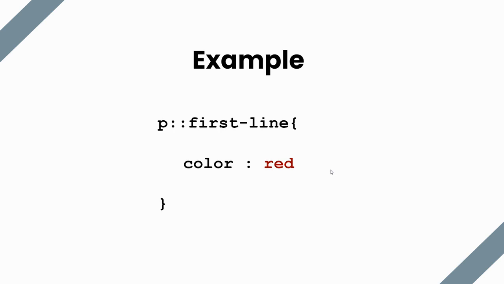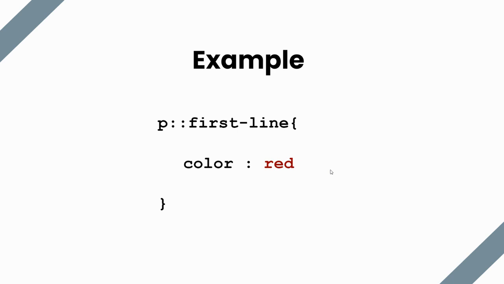So here we have a very brief example, still using the p element followed by the double colon and then the first line. Here you can see we've given the color of red to this.